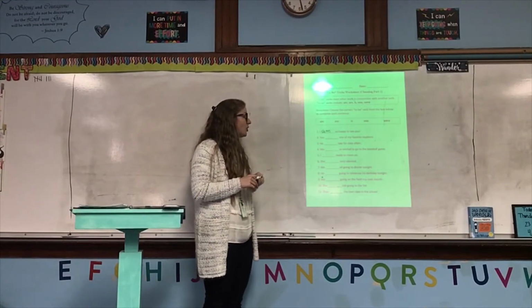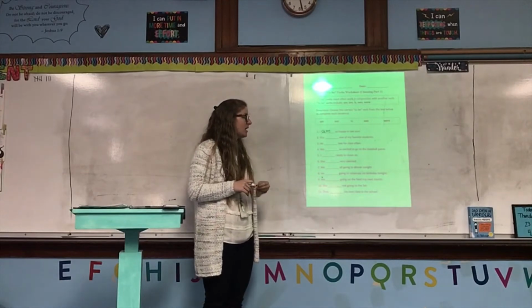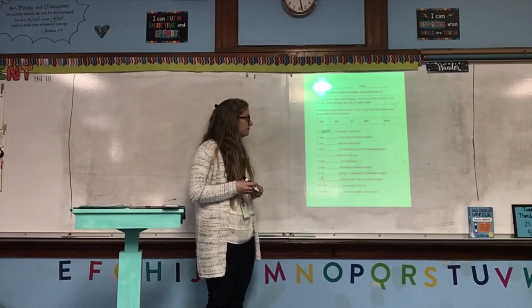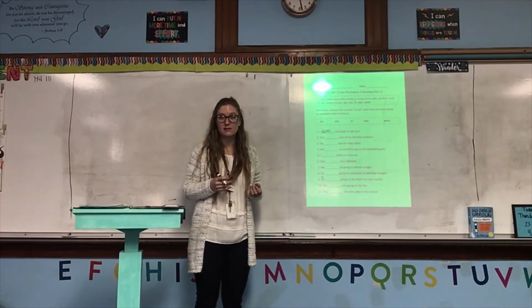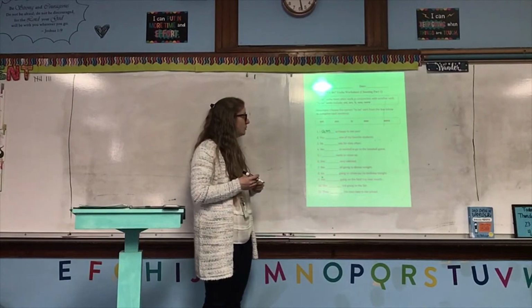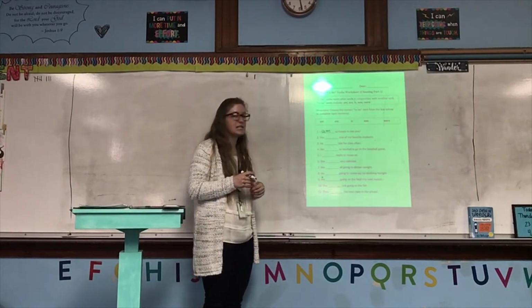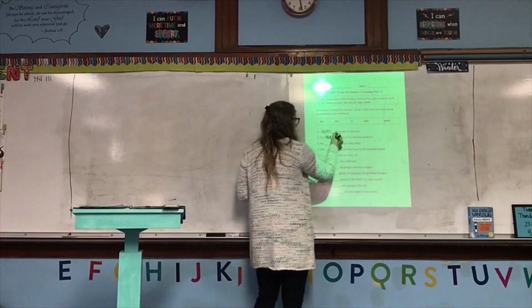Number 2, you blank one of my favorite students. So again, we can either use are or were, because those are the only ones that work with you. And there's nothing here that tells us that it's in the present or in the past, so we can say are.